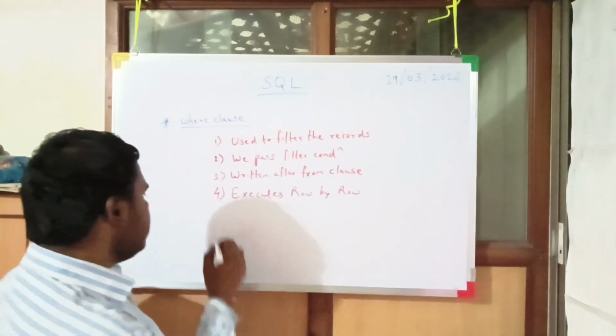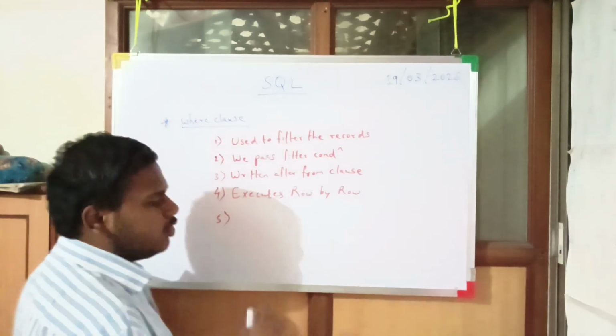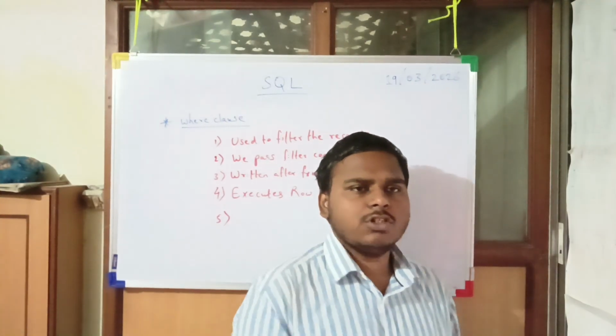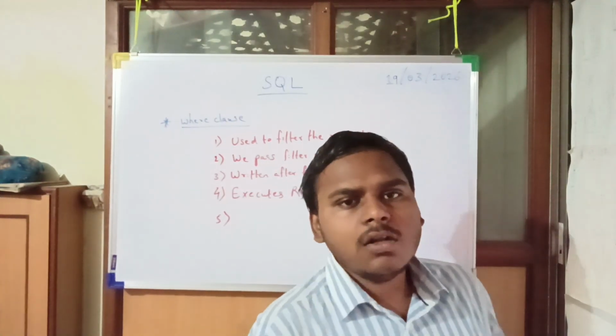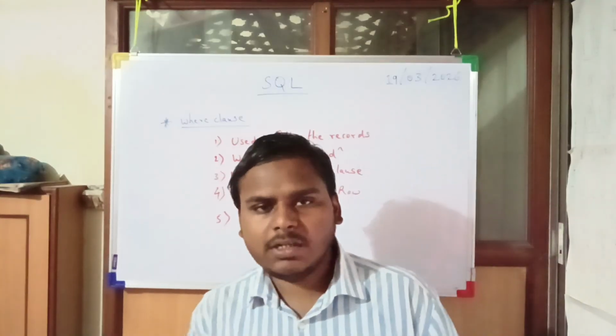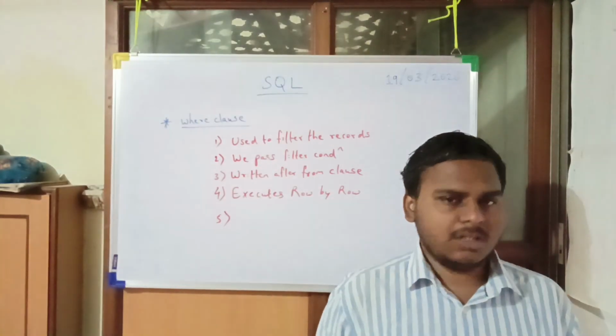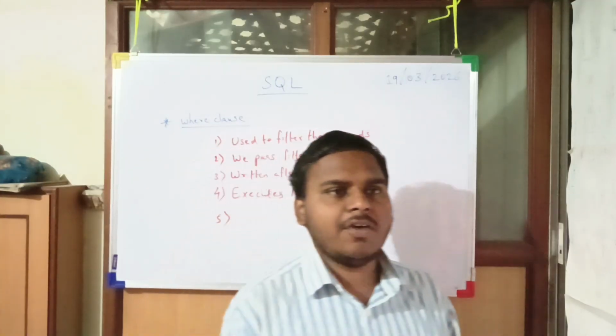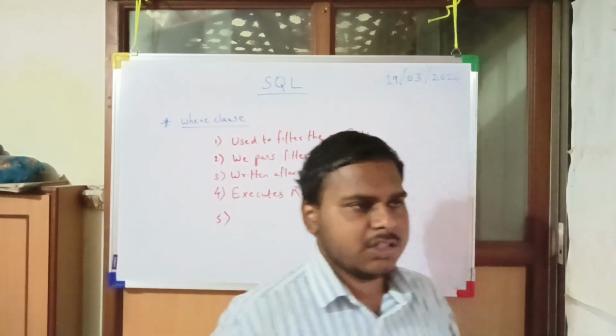And the last point: I gave you a question in the last video. Write a code to display details of employees earning more than 2000 but in department number 10 or 20, whichever. I have added the condition, so now there are two conditions.